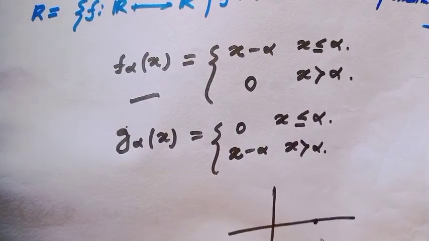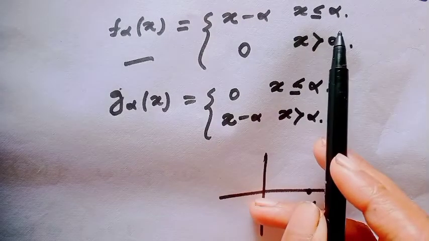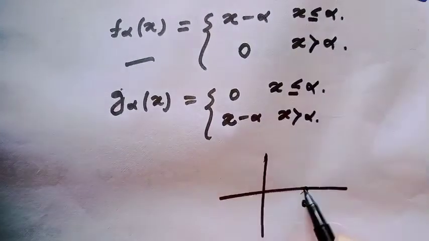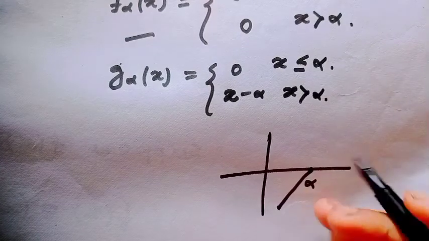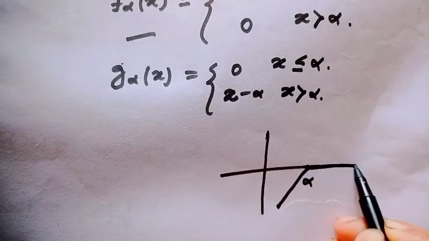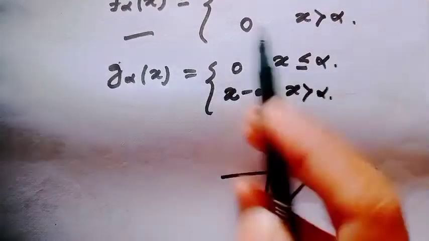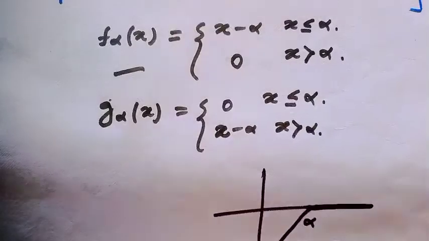Consider this point to be alpha. When x is less than or equal to alpha, the value of the function is x minus alpha. That means this. And when x is greater than alpha, the value of the function is 0. Just think, this is the graph of this function.